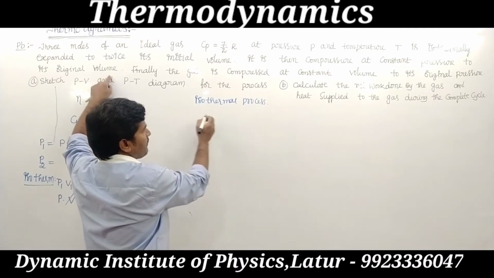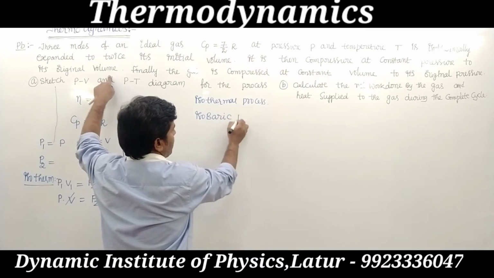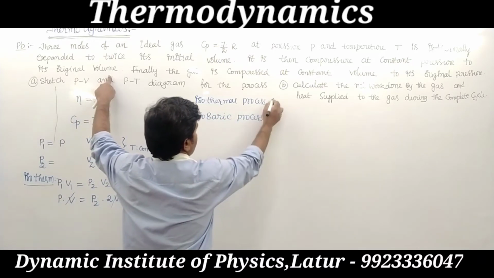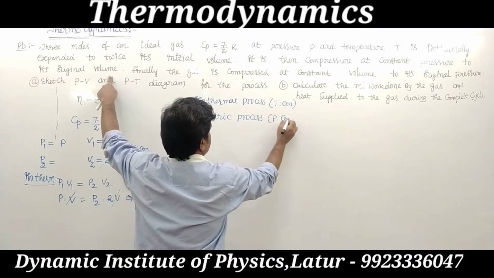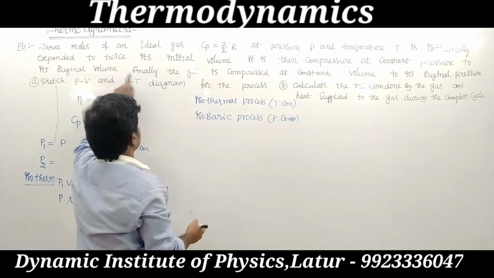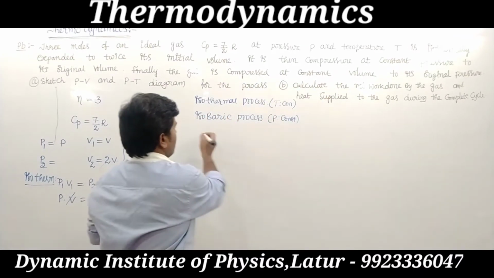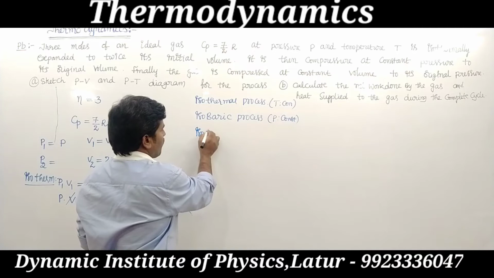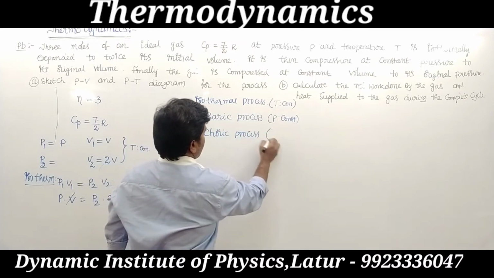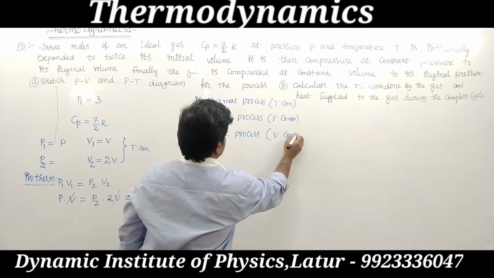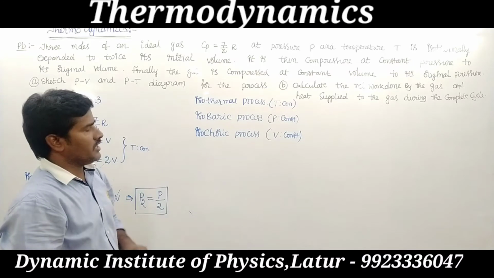Constant pressure means an isobaric process. Here temperature is constant in one, and in another pressure is constant, the isobaric process. Next, finally the gas is compressed at constant volume. Constant volume means an isochoric process, that means volume remains constant. These three processes are present here.